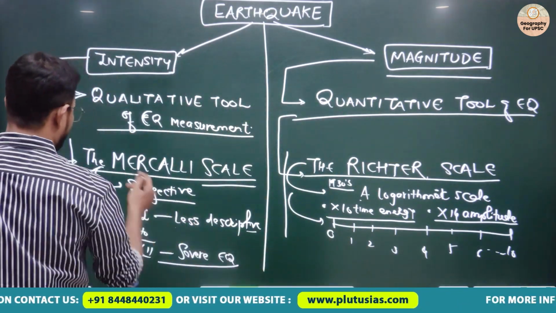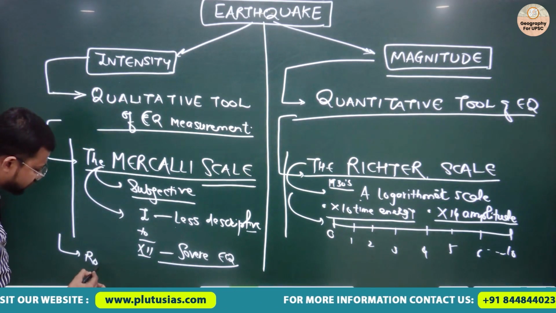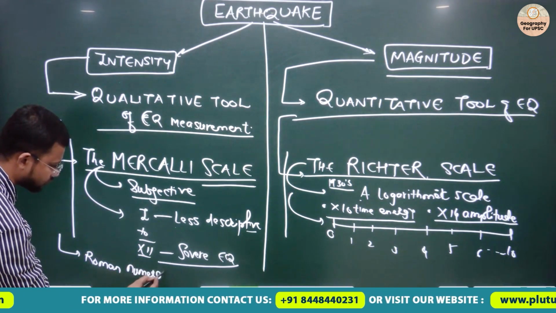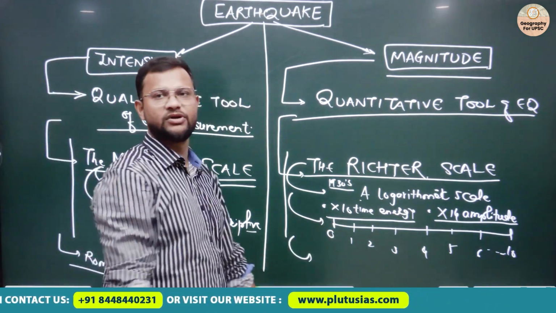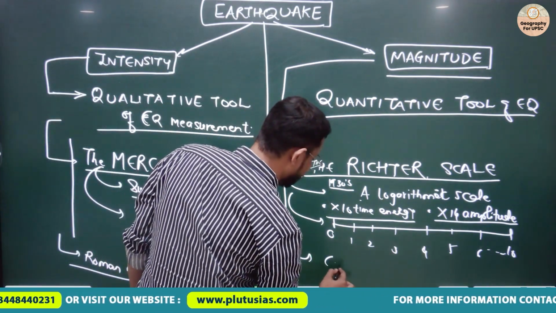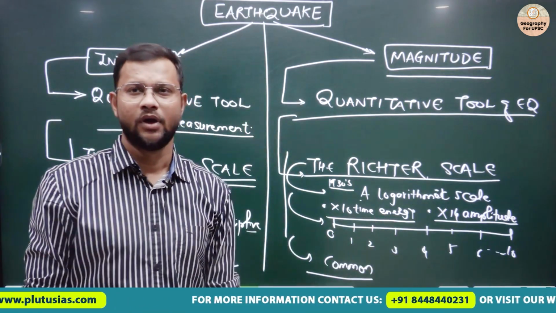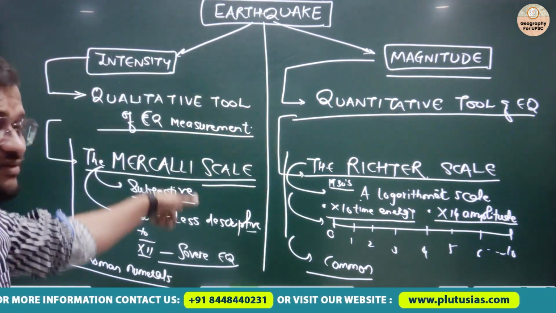Usually, intensity is represented in Roman numerals, and magnitude is in general, common numerals that we use. Further, now which scale is in use?